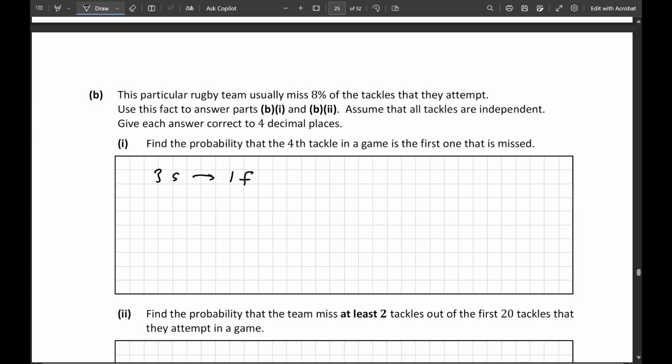So the probability of success is 1 minus the probability of failure. So it'll be 0.92 cubed as the successes times by the fail, so 0.08. And it wants it to 4 decimal places, so 0.0623.